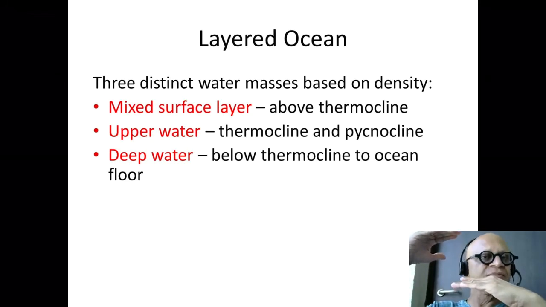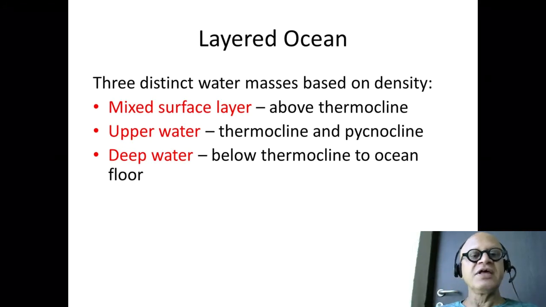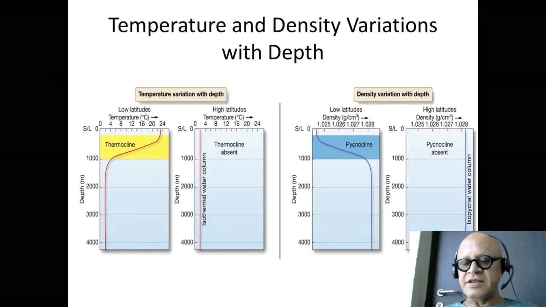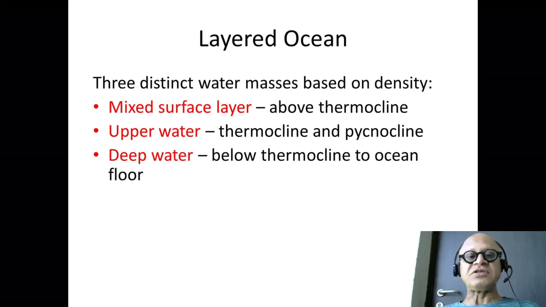With the season, the warming may penetrate deeper, and the thermocline may get sharper and deeper. In winter, when the cooling happens, the mixing may penetrate deeper, and again the thermocline may get sharper and thinner, and so forth. There is a seasonal thermocline that also happens. And there is the deep water where the density and temperature are nearly constant, and we saw that the salinity is also nearly constant, right?